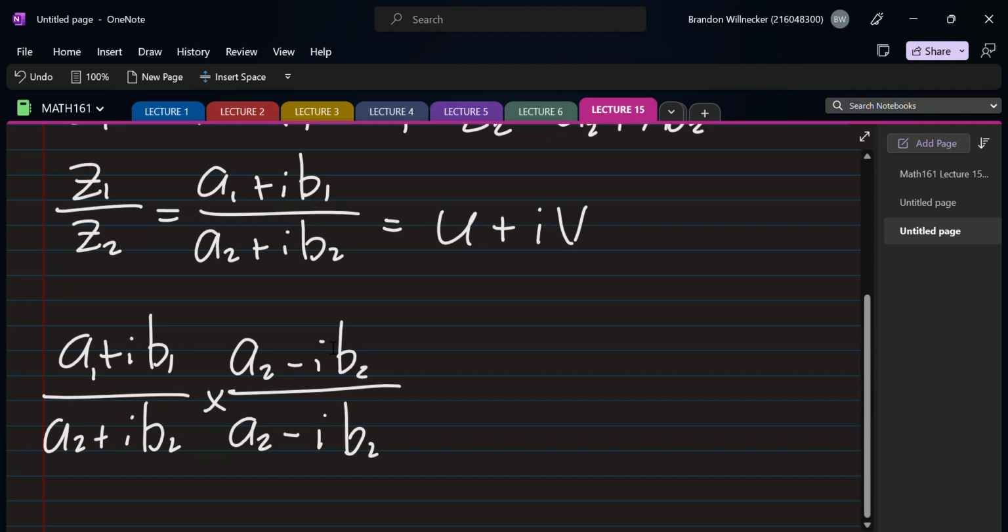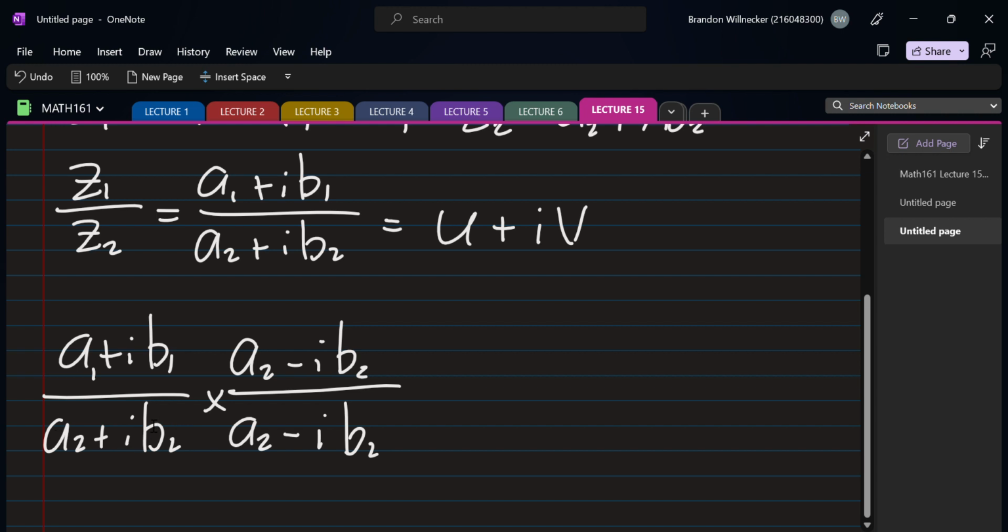Okay, so we'll see how this works now, but what we do is we take this denominator, a2 plus i b2, and wherever we see an i, we replace it with minus i. Okay, so i changes to minus i. We call that complex conjugation. So we'll have a look at that towards the end of the lecture. But that's what we do here.